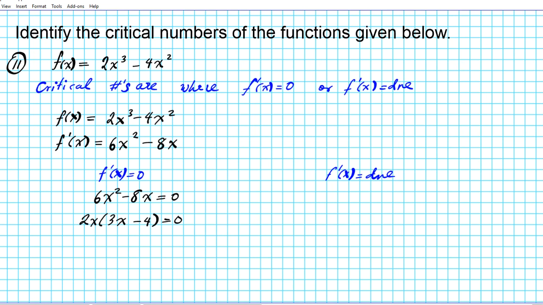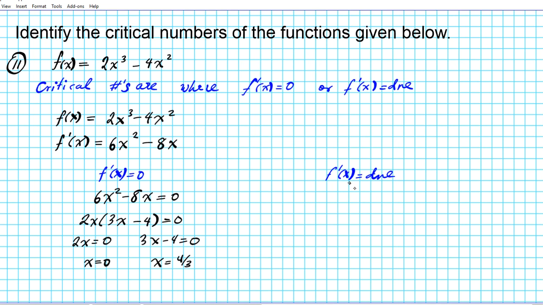Then you set the factors equal to 0 using the zero product property: 2x equals 0 and 3x minus 4 equals 0. Dividing both sides by 2, you have x equals 0. Then add 4 and divide by 3, and you have x equals 4 thirds.